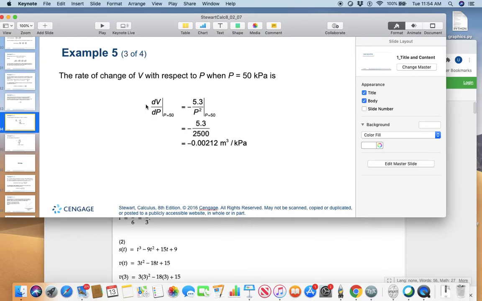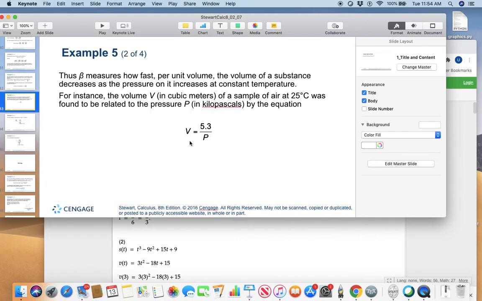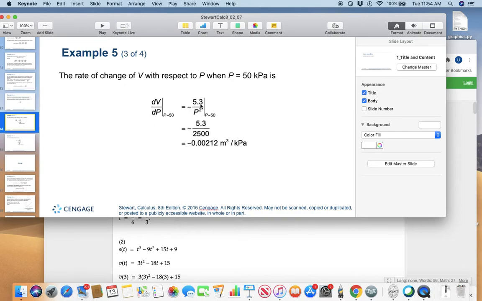All right. dV/dP is negative. So we use that particular formula, and now you are going to find the derivative of V with respect to P. So you get this. When P is 50 kilopascals, you just implement that, right?